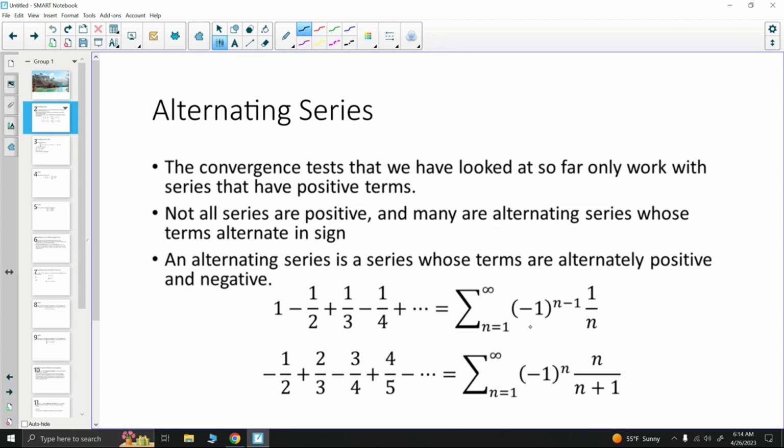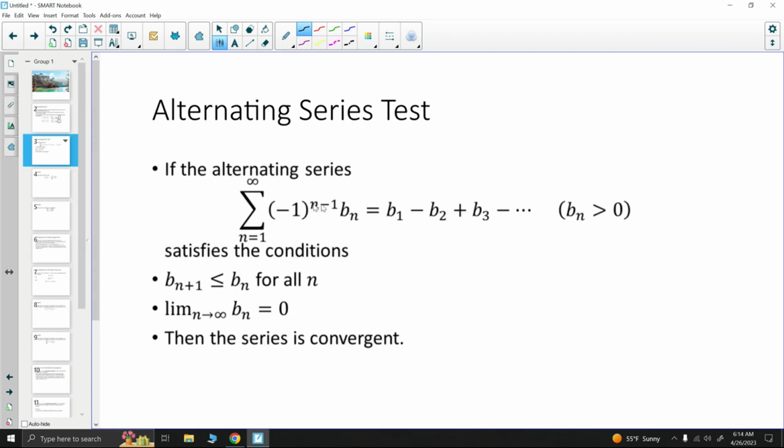The thing to keep in mind is that this portion determines the alternating signs. This other part is the actual values, which we will be referring to as b sub n in just a little bit. If we have an alternating series, we're going to use the alternating series test. Take some generic alternating series.